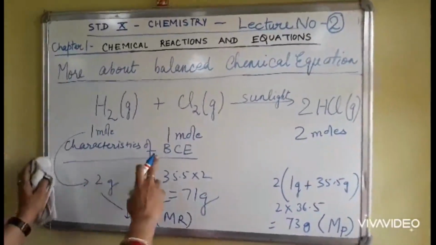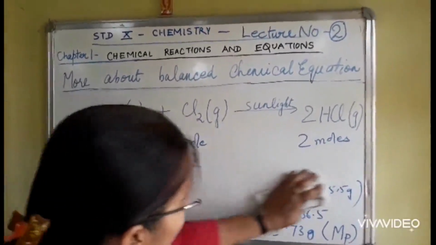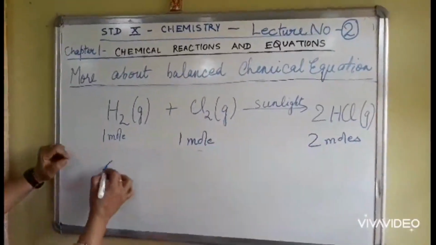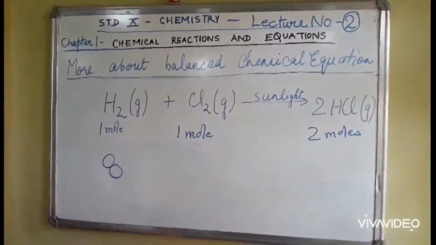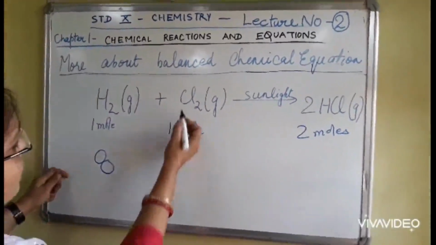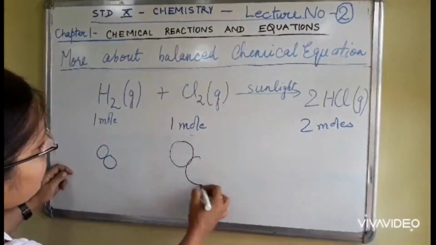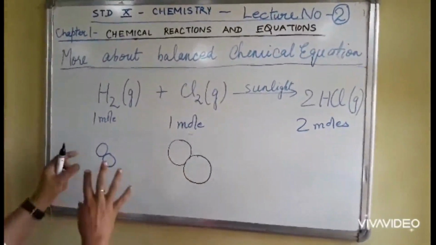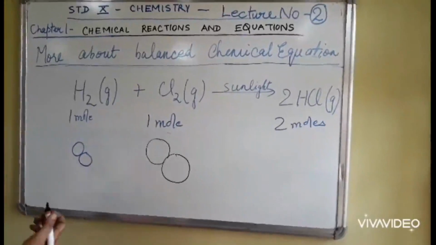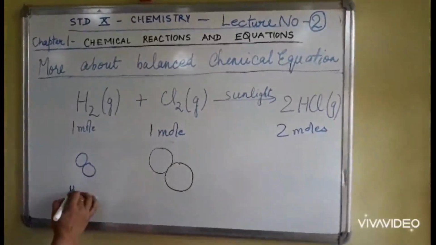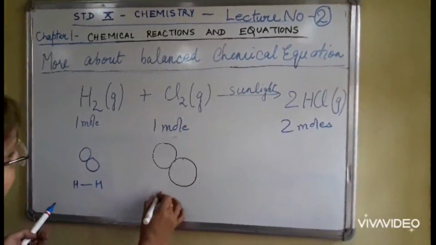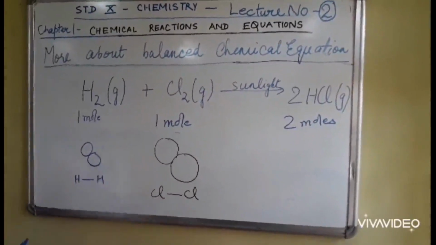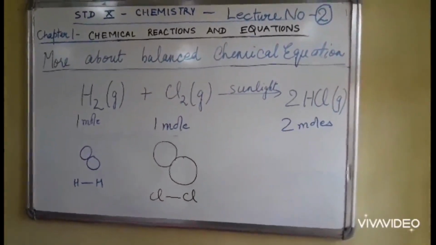This is one characteristic. This characteristic can also be understood in the form of atoms. See hydrogen, there are 2 atoms of H. Now in your chlorine, Cl, let us take it a little bigger one. You all know hydrogen is the smallest atom. Chlorine, again 2 atoms. Now these atoms you can understand like this. They are joined together by a bond. This bond is called covalent bond. You will read in the chapter carbon and its compounds.